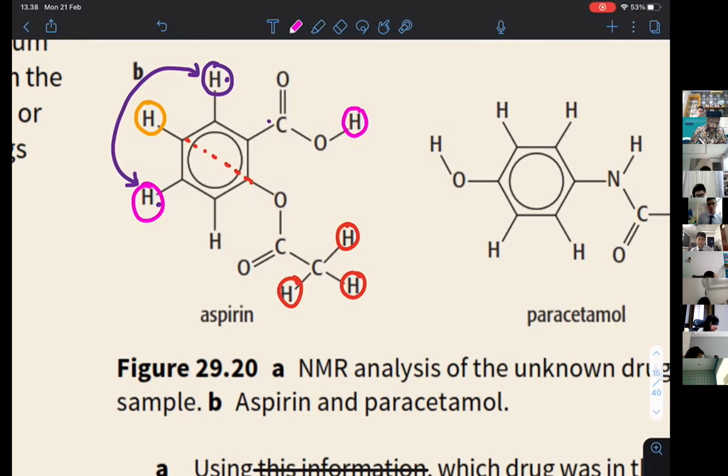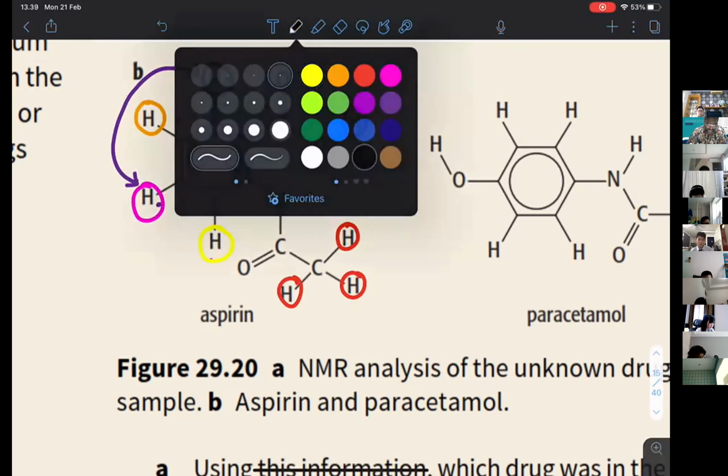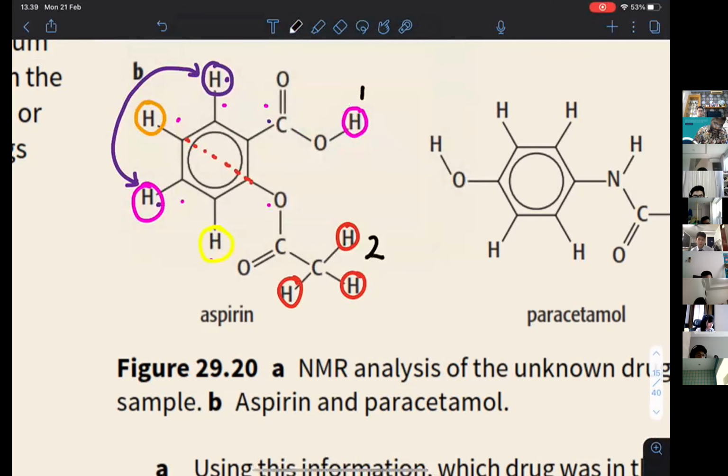So how about here? This is going to be another different environment. You see, the neighbors are this and this, which is a different neighbor, so this is going to be another different environment. So in total, how many different environments do I have? I have 1, 2, 3, 4, 5, 6.